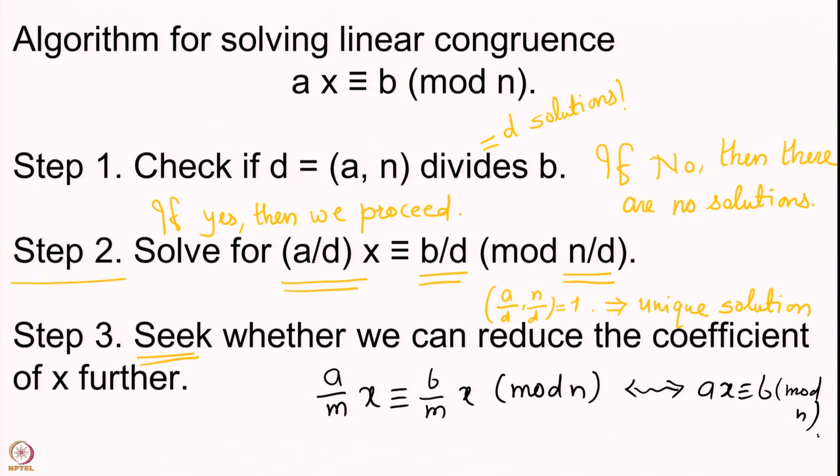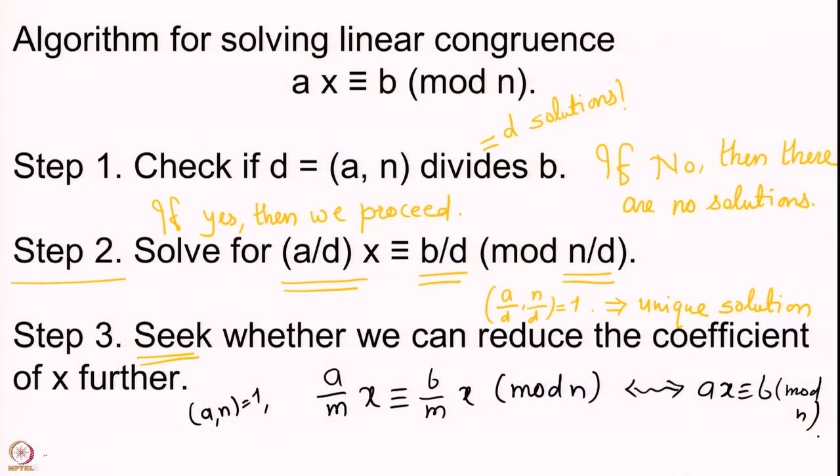We proved this second lemma in the last lecture: even if the GCD of a and n is 1, so that you cannot reduce the modulus n any further, because you cannot divide by a GCD that is not more than 1, the modulus does not reduce, but you can still reduce the coefficient of x and the constant term in the congruence.